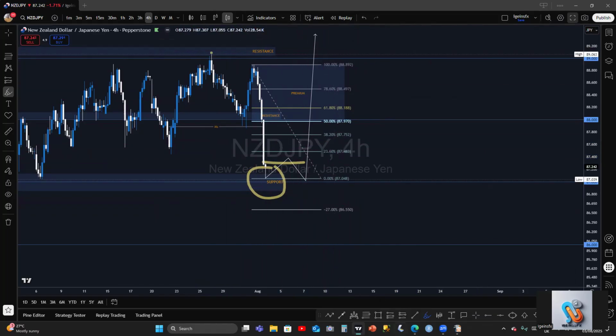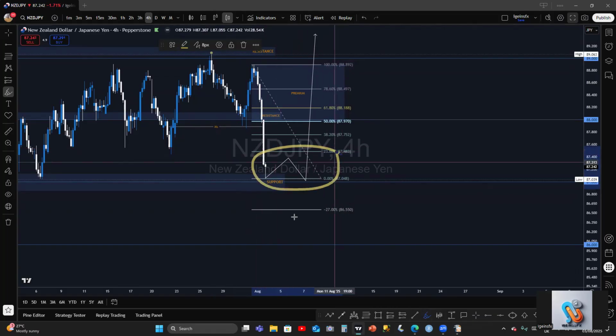But until then, I will have to wait to see what happens around this level, which will determine my move. Like I said, trading is all about patience.